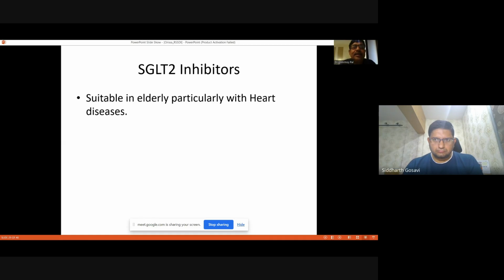SGLT2 inhibitor is suitable because the elderly population often suffers from different heart diseases. One point you have to keep in mind is recurrent UTI, so carefully assess whether the patient has a history of recurrent UTI. Otherwise, the SGLT2 inhibitor is good for the elderly population unless the GFR is below 30.